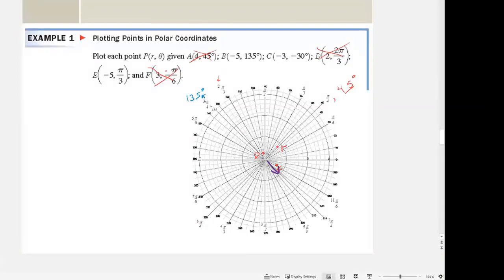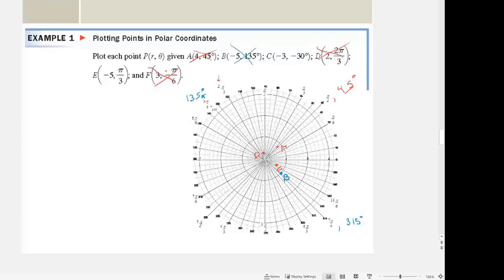So again, my reference angle is 45 degrees, which puts me at 315 degrees, 360 minus 45. I'm going to be here and I'm going out 5. That puts me right on that black line, and that would be B.